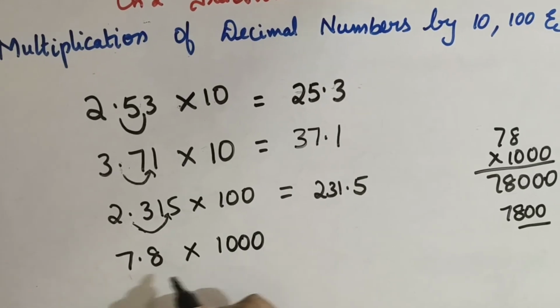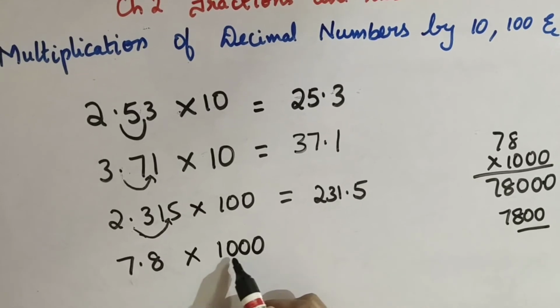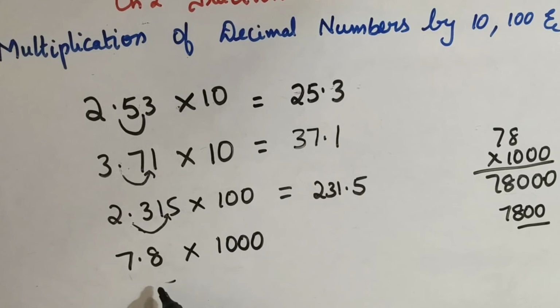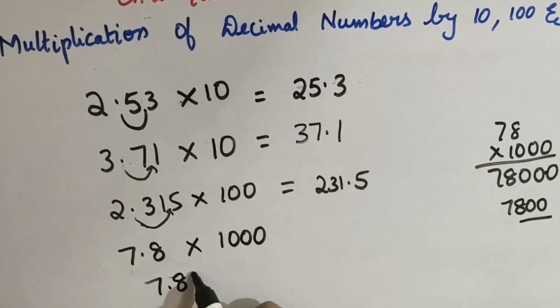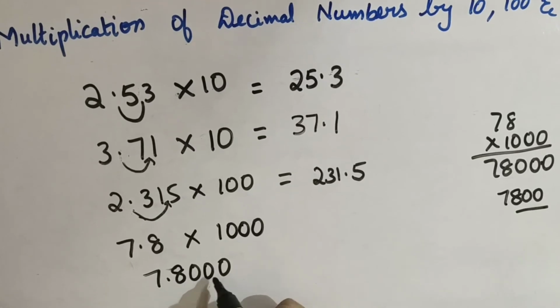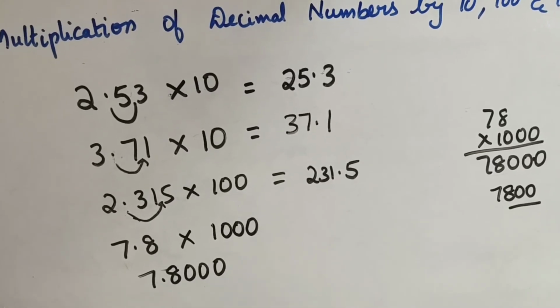The point will shift to the right side depending upon the number of zeros. So how many zeros do we have? 3 zeros, right? Now the point will shift to the right side. Can I write 7.800? Because after the decimal point you can place as many zeros as you want.